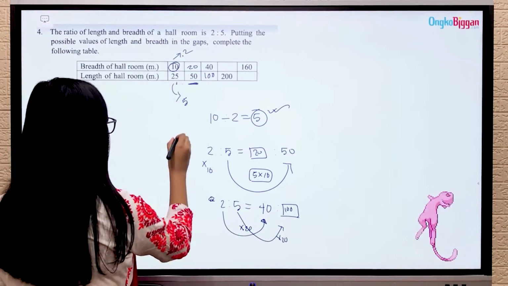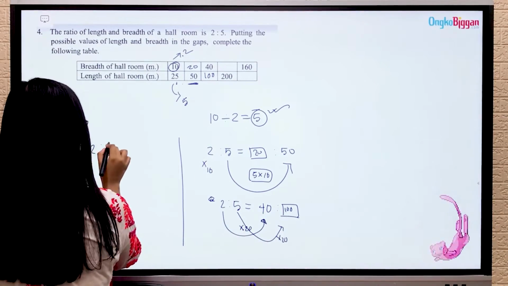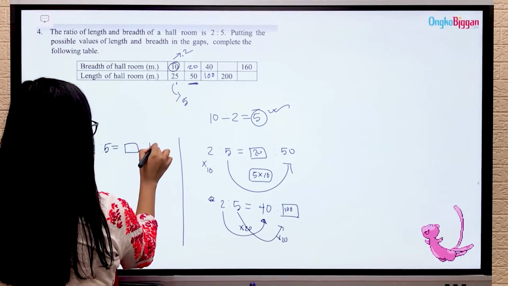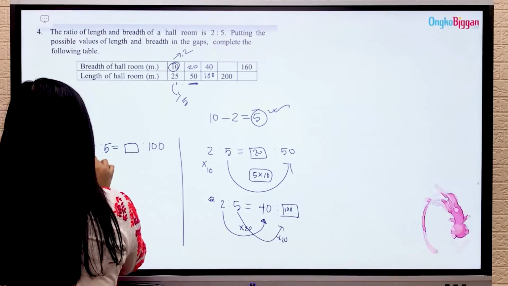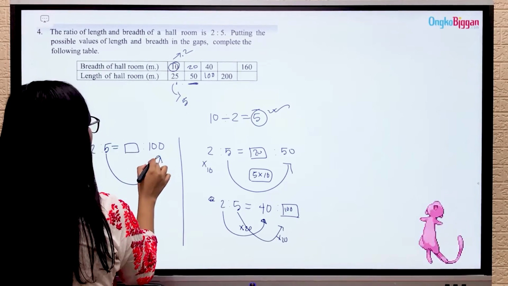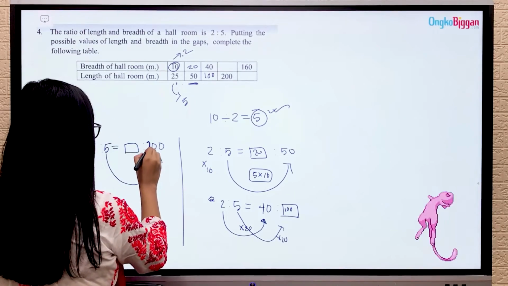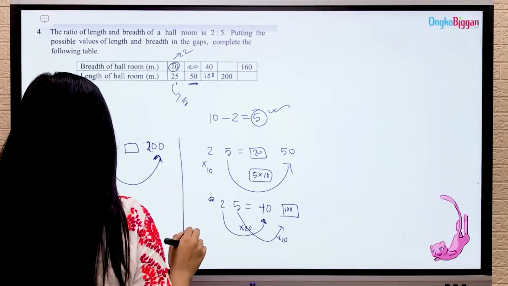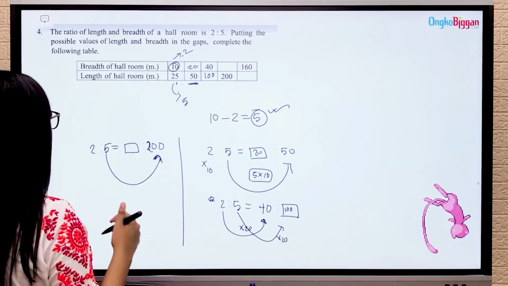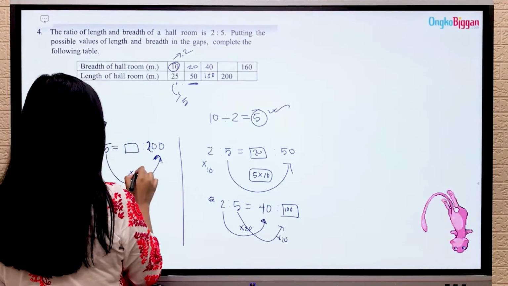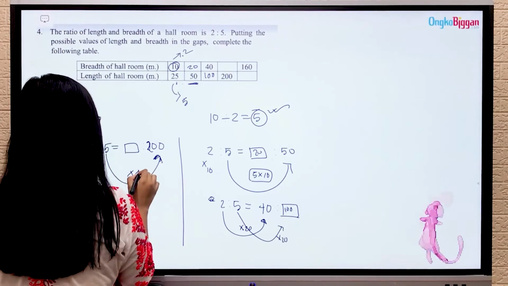Then again, 2:5 equals box is to 100. Here we can see, okay, there is 200 actually. So there is 200, there is a multiplication of 40.